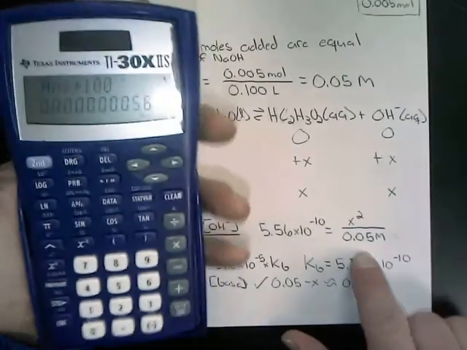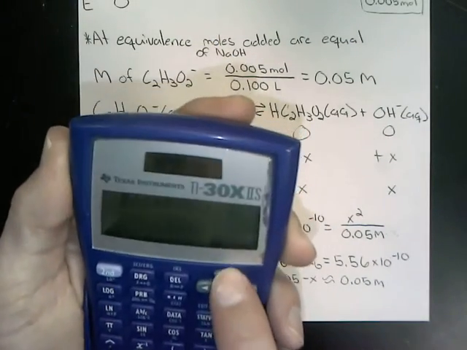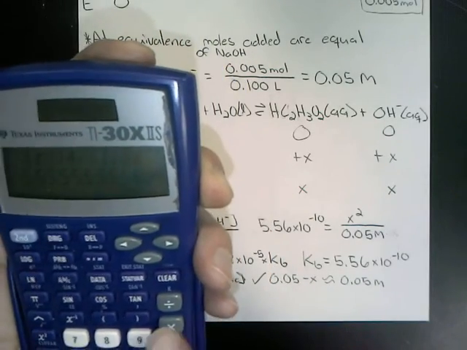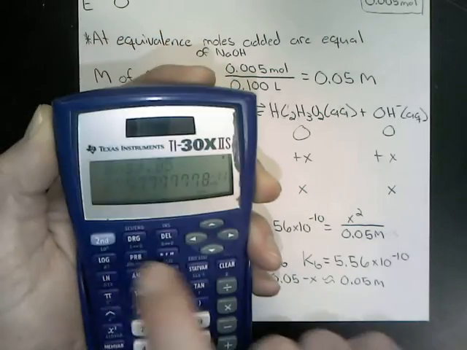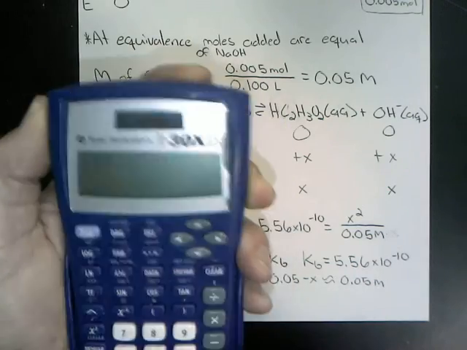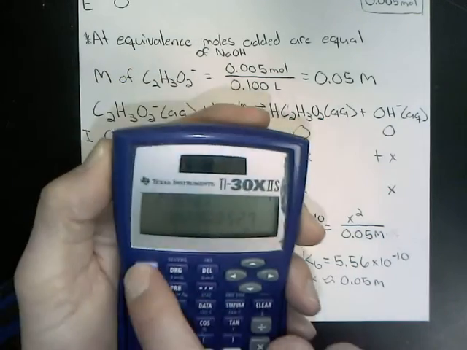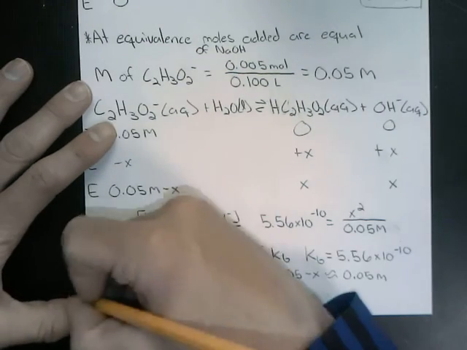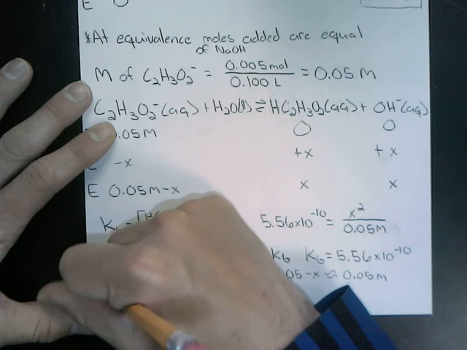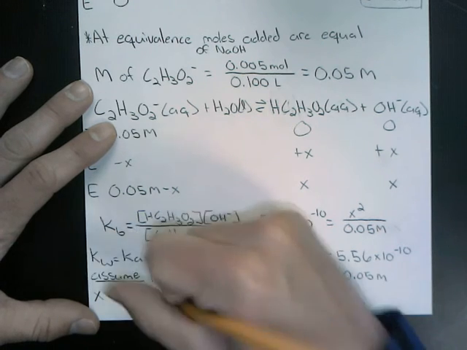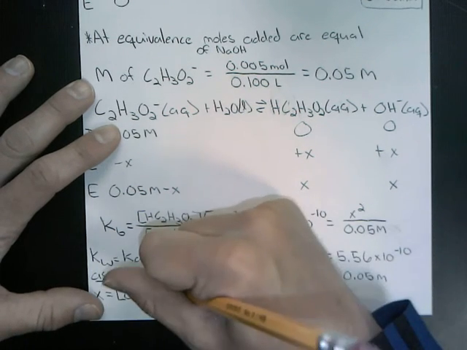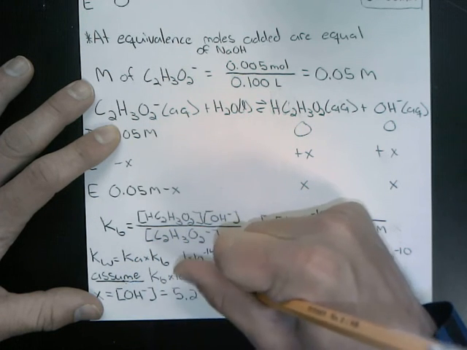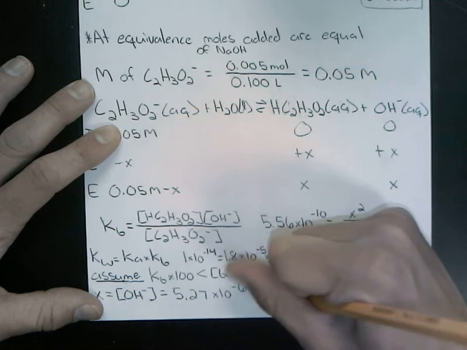So all I'm going to do here is solve for x. We take our Kb times our 0.05, and then we take the square root to get x, and we get a value here of 5.27 times 10 to the negative 6. Now, x is equal to the concentration of our hydroxide, and we can calculate the pOH.